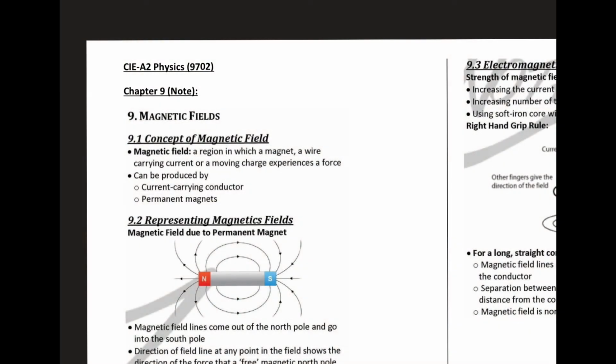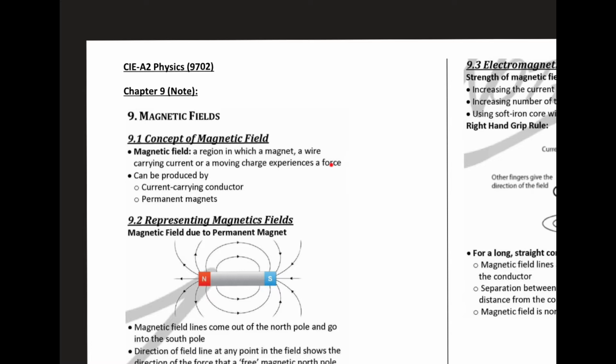So this is magnetic fields. First of all, we need to understand the concepts of magnetic field. First point, magnetic field is a region in which a magnet, a wire carrying current, or a moving charge experiences a force.